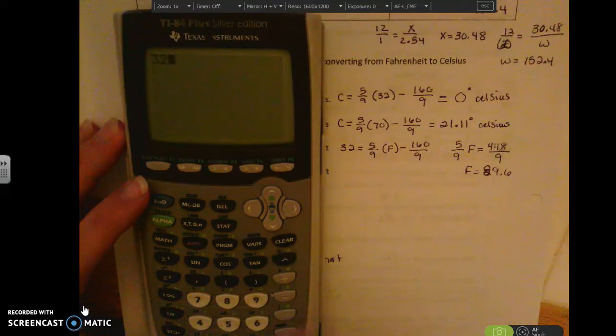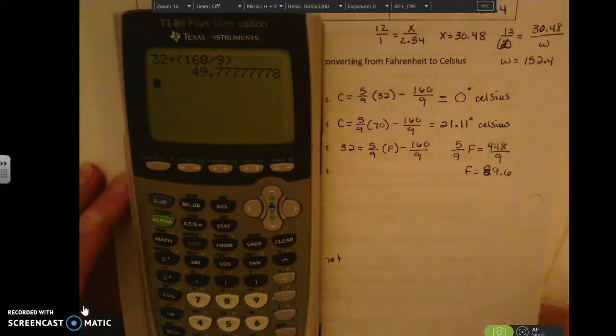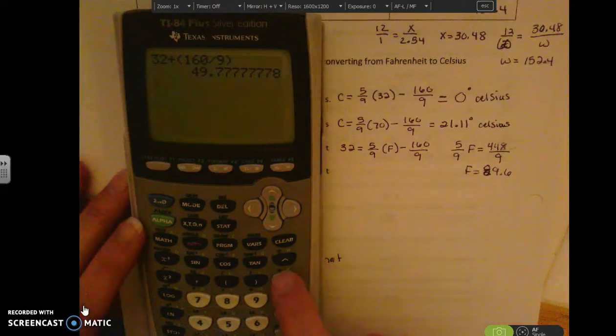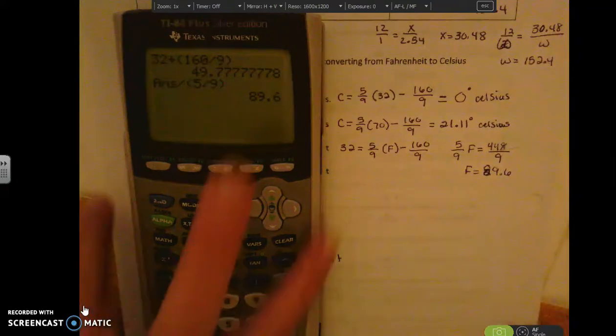So you're going to do 32 plus 160 divided by 9. And I get this decimal. I don't want to lose that decimal though, and so I'm just going to leave it like it is, and then I'm going to divide by 5/9. And I end up with 89.6 degrees Fahrenheit.